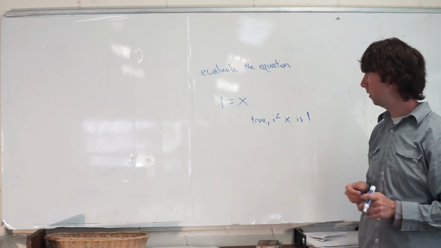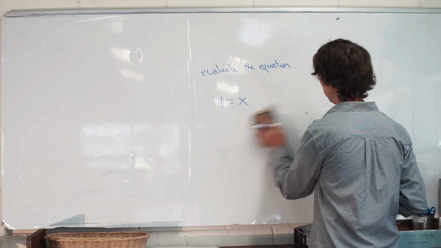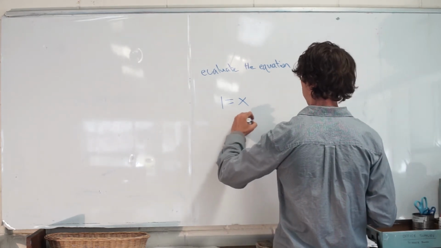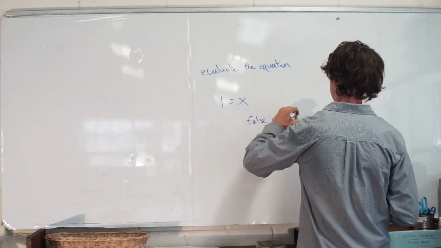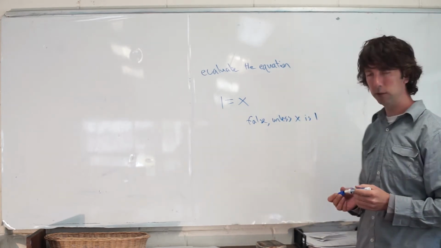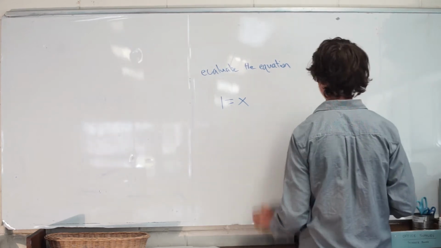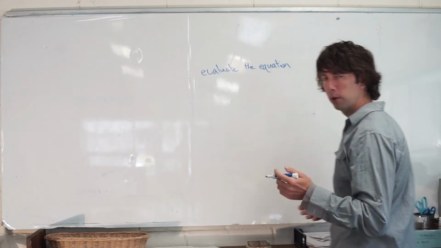Because it's only true if x is 1, in all other cases it's false. Okay? You could also, if you wanted to be different about it, write false unless x is 1. Those mean exactly the same. Okay?